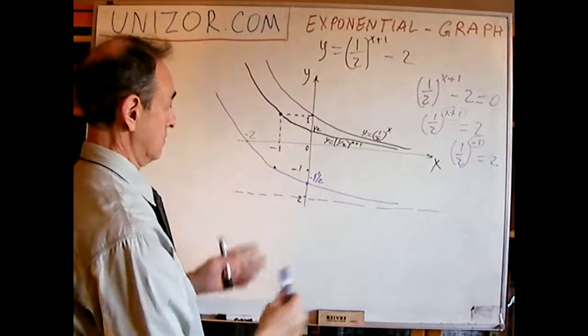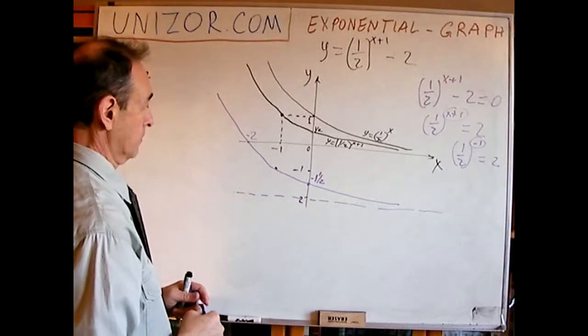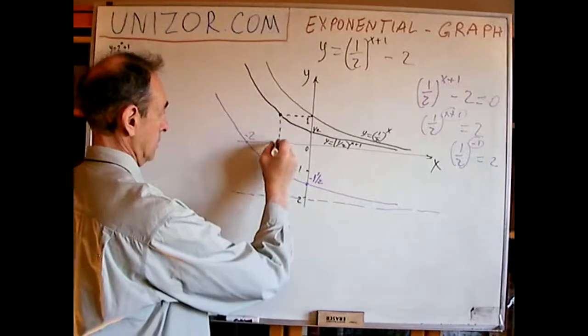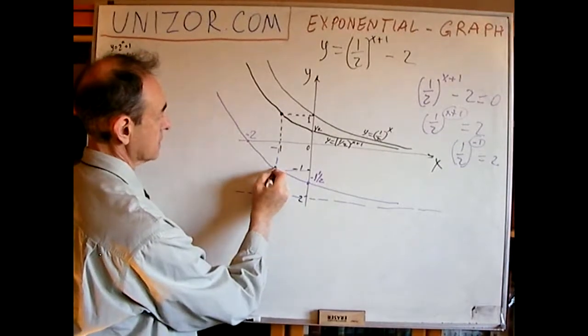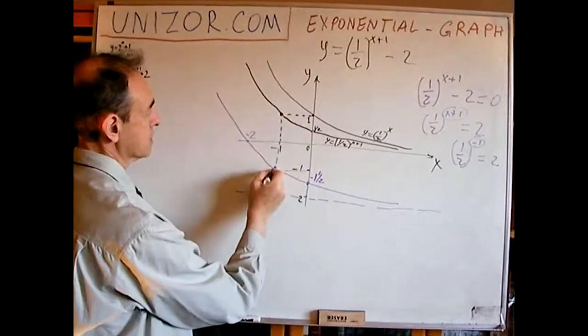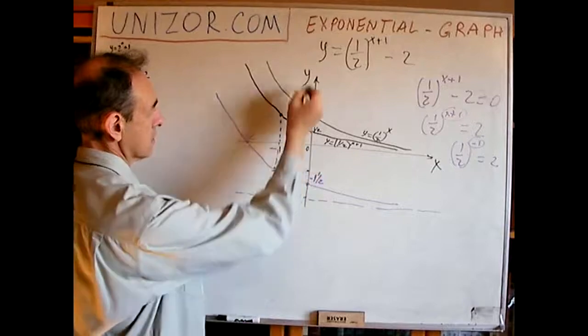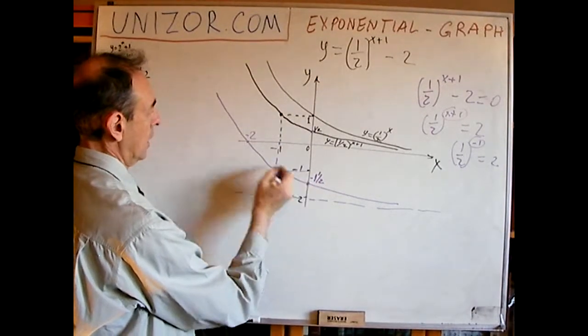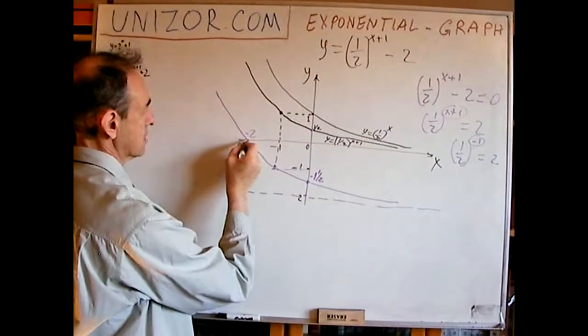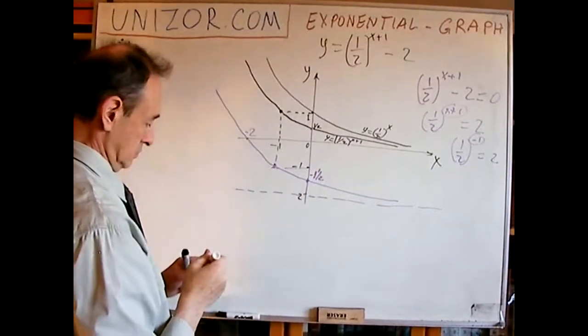This basically ends the reconstruction of this graph. So it goes through the point minus 1, minus 1. That's what used to be this. Crosses the y-axis at minus 1.5 and crosses the x-axis at minus 2. That's it.